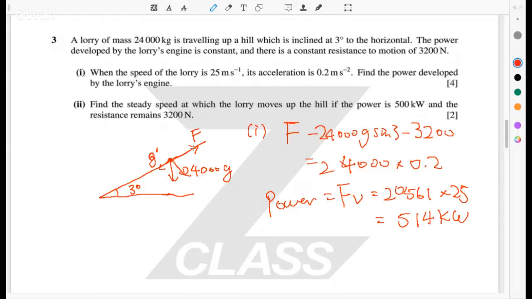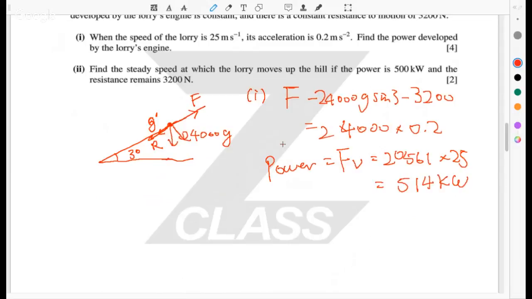And you also have a resistance R parallel to slope. So basically you have a situation where in the direction of motion of the lorry, there are three forces acting. So that's why you need to put all three forces into the equation for Newton's second law.